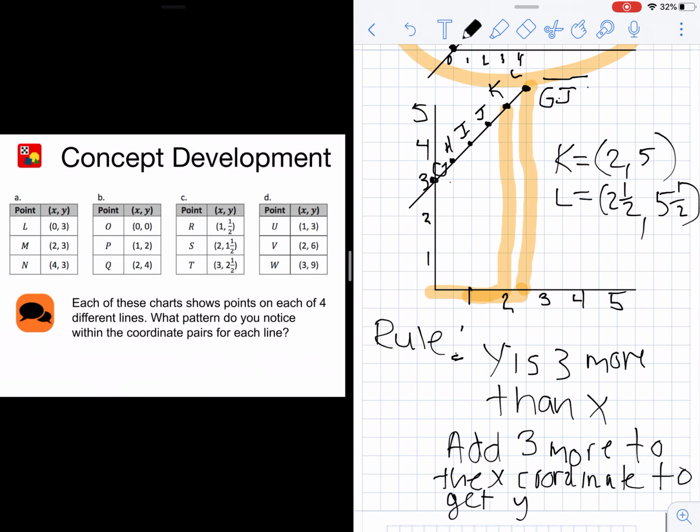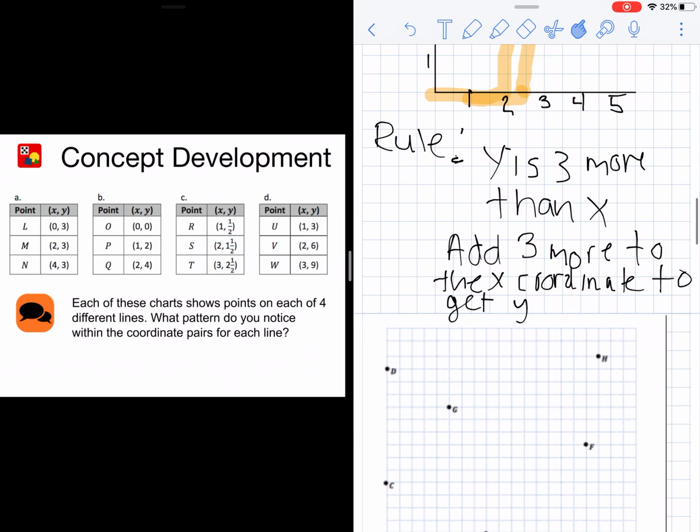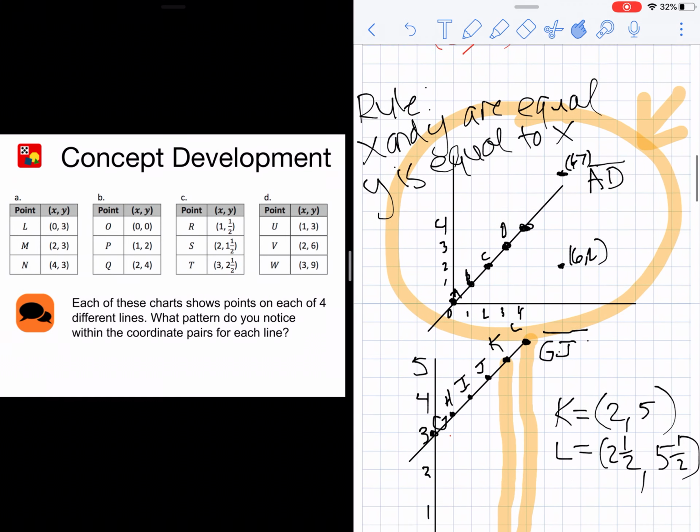So here we go. Each of these charts shows points on each of 4 different lines. What pattern do you notice within the coordinate pairs for each line? So it's not asking you to plot, but that's what I want you to do.